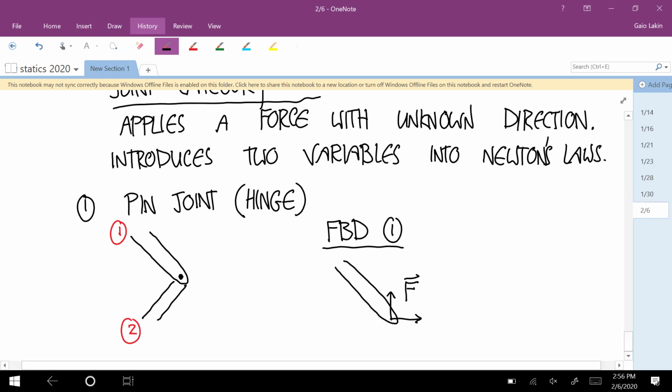So we have this vector F. The way the subscript notation for forces works, the first subscript is the body that's being acted on, and the second subscript is the one acting on it. So this is the force acting on 1 by 2.